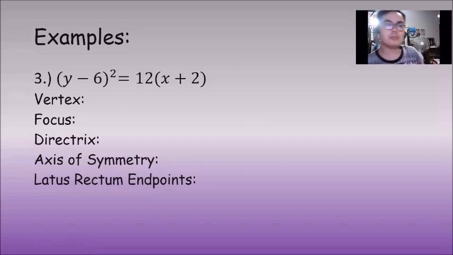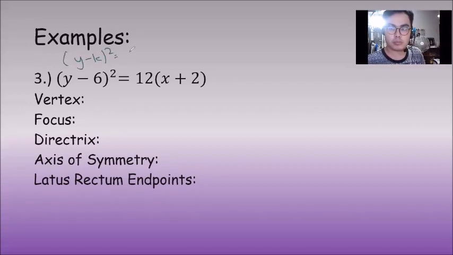So in our next example, since we have y squared, we can say that this is a horizontal parabola. So we're going to equate y minus k with y minus 6.